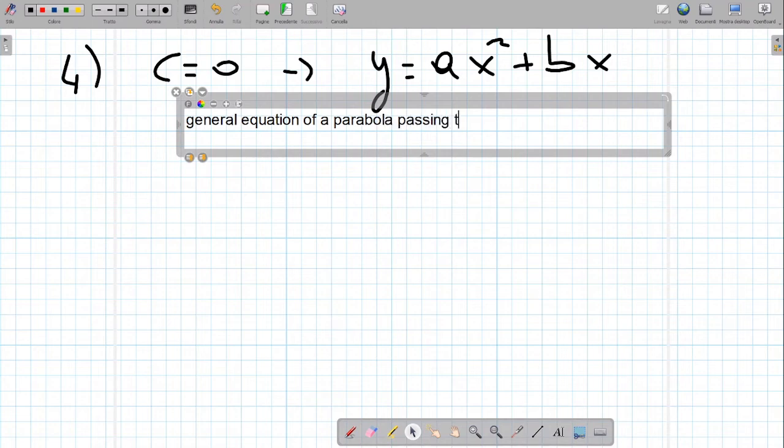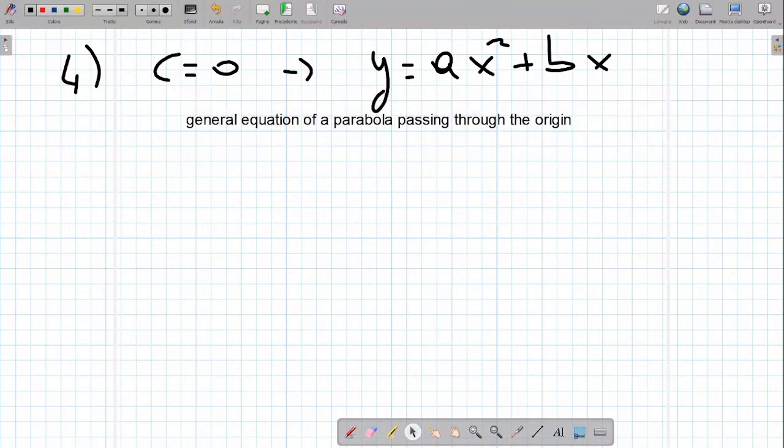So the origin will not be the vertex, but it will in any case cross the origin, and it is quite easy to understand this point, because if I put 0 to the x, y will become 0.